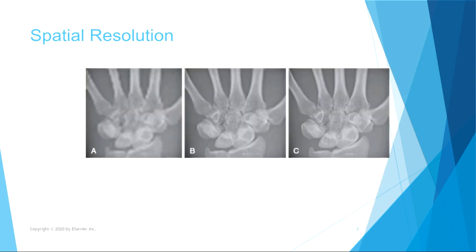When we look at spatial resolution, they reference these three pictures at the top of page 103. They show the difference in pixel size and how it affects your spatial resolution. This first picture shows an image with 20 pixels per centimeter.